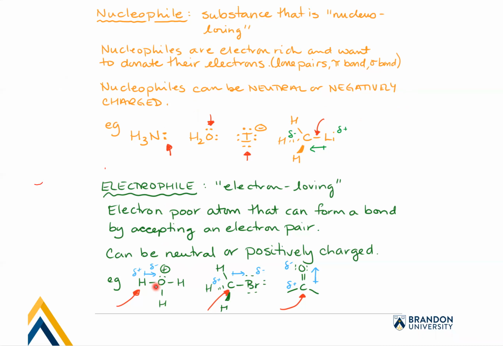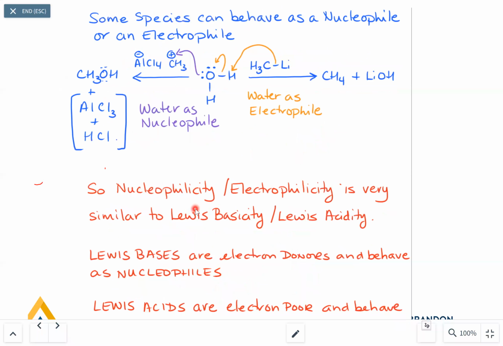We've seen this sort of thing before when we were talking about Lewis acids and Lewis bases, right? It's very, very similar. Nucleophilicity and electrophilicity are very similar to Lewis acids and Lewis bases. Lewis bases are nucleophiles, Lewis acids would be electrophiles.